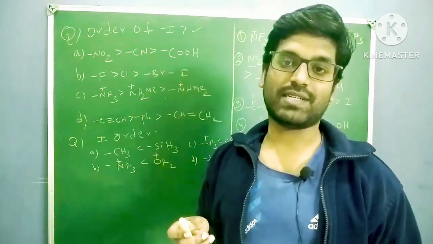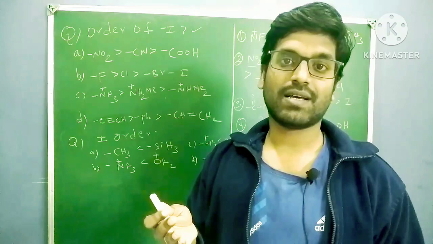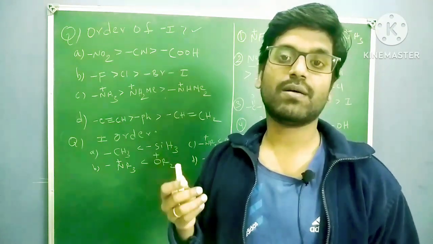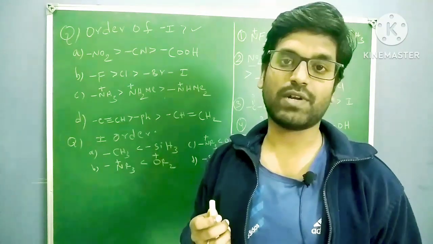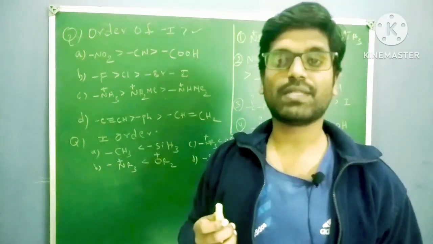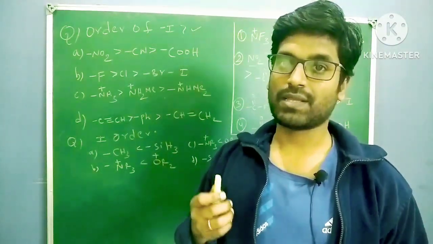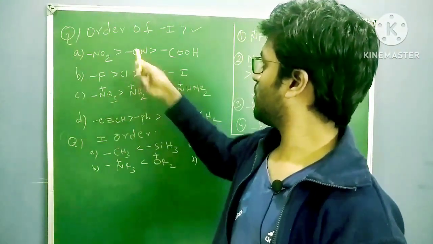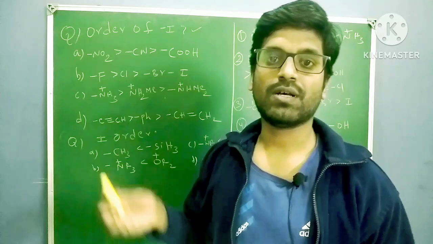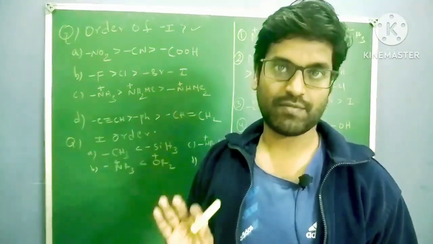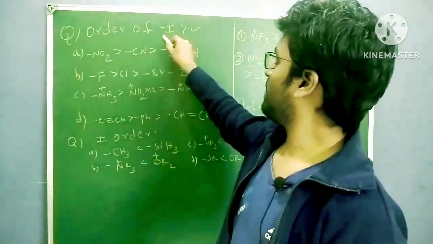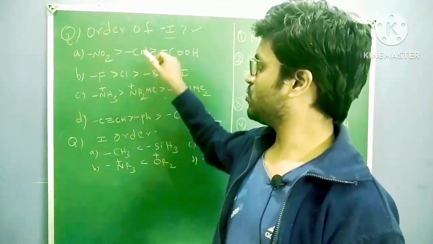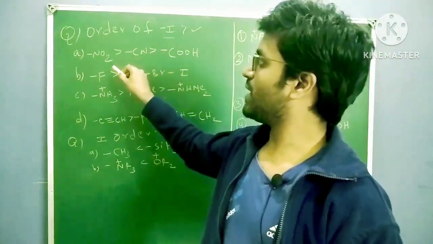I have given you the trick: Pradhan Mantri pockets filled with positive atoms; non-Pradhan Mantri pockets filled with negative atoms. Pradhan Mantri pockets means polar pi bonds. NO2 polar pi bond, CN polar pi bond, COOH polar pi bond. So these 3 are minus I groups. Here they are given as minus I groups, so you don't need to worry which is minus and which is plus I. You have to just find out the order.